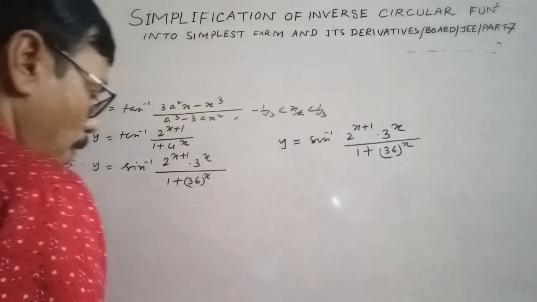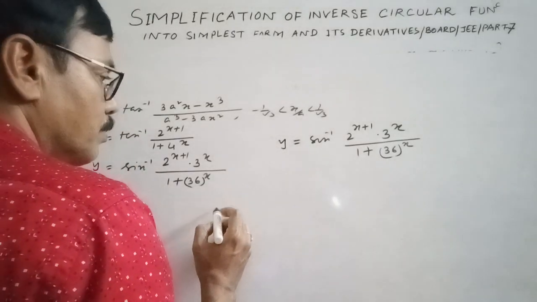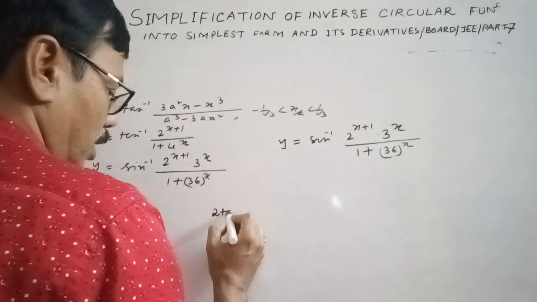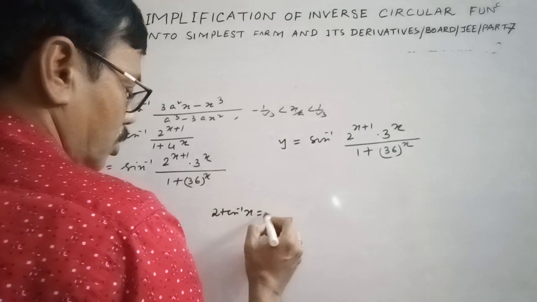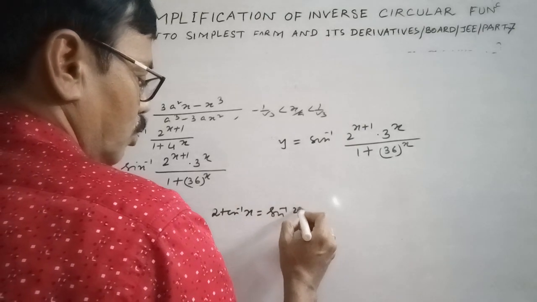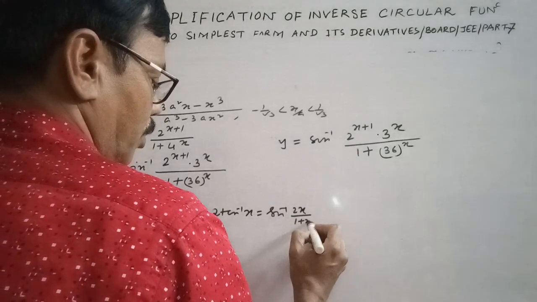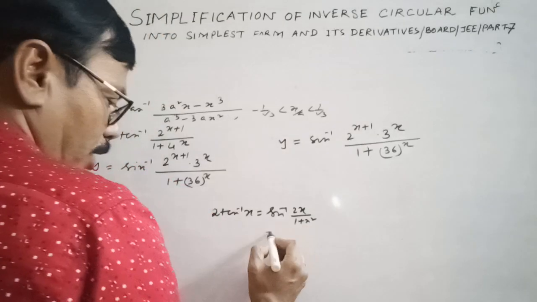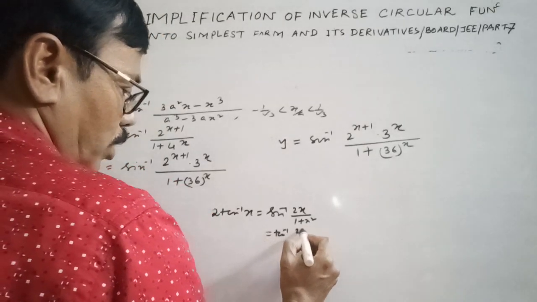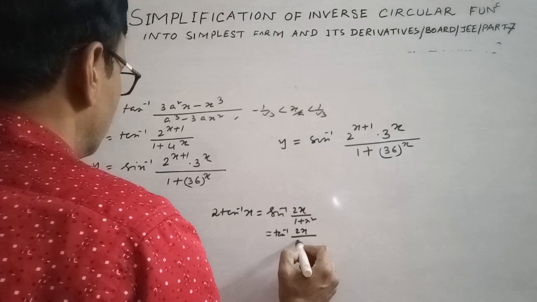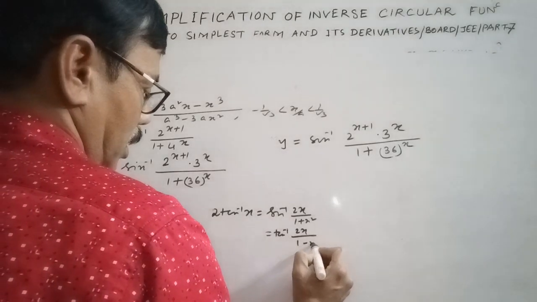So look, we have a formula: 2 tan inverse x equals to sin inverse 2x by 1 plus x square equals to tan inverse 2x by 1 minus x square.